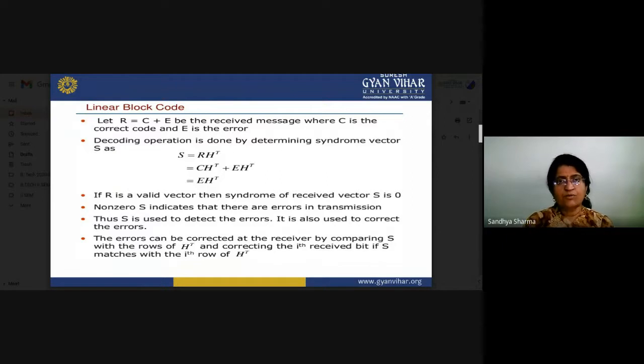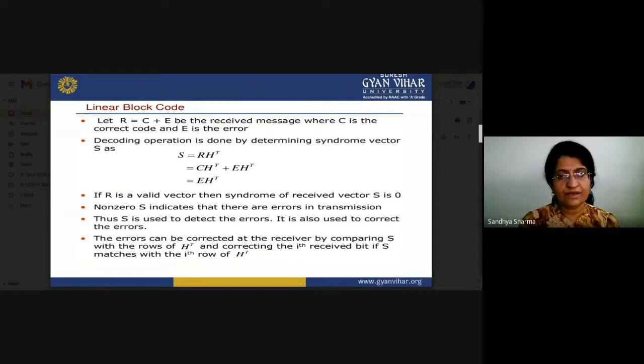Suppose the error vector is 0 0 0 0, then there is no error. But if there is an error vector in this equation, there may be an error, and we can find the error syndrome S, which is equal to E H transpose. If E H transpose is equal to 0, there is no error vector.